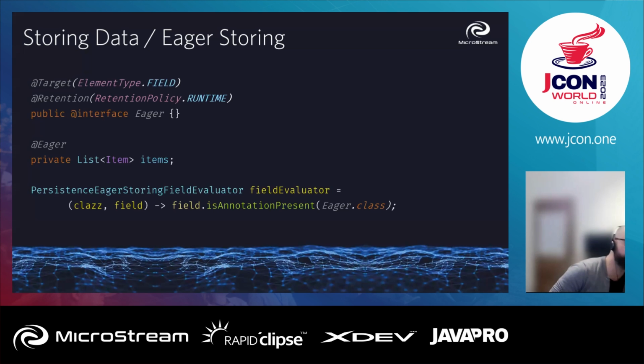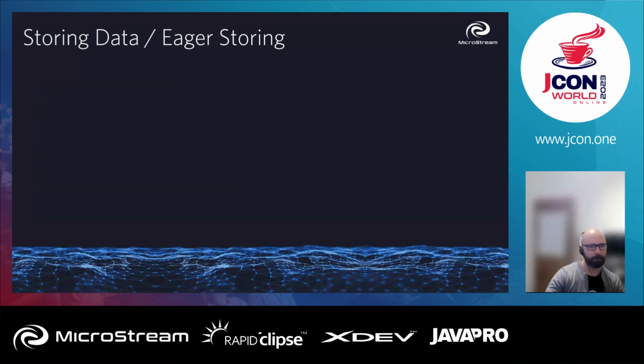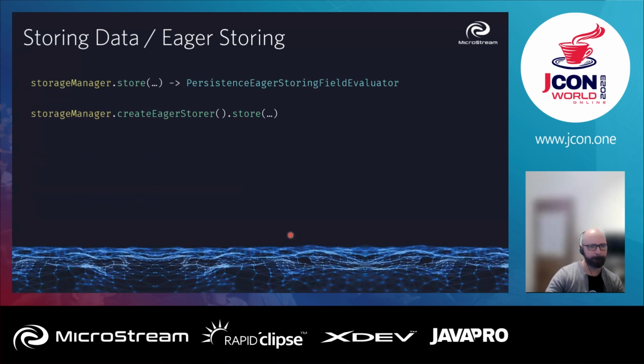And so you can control the automatic eager storing behavior of the engine. So either you customize it or you call it manually. And those are the two ways to use eager storing.